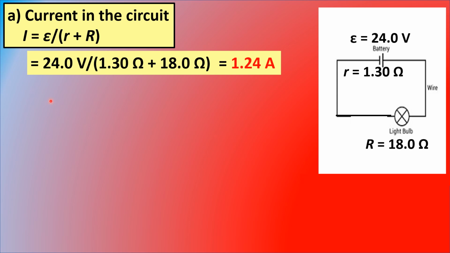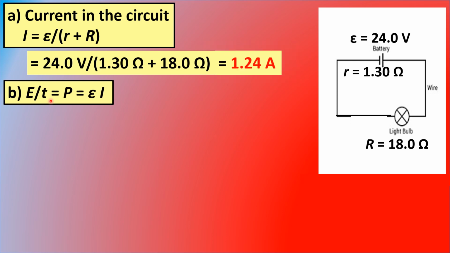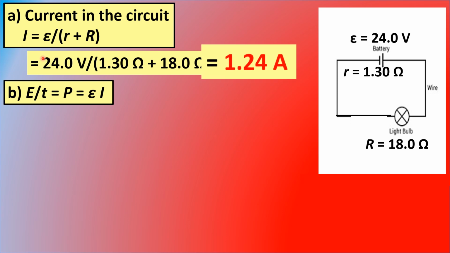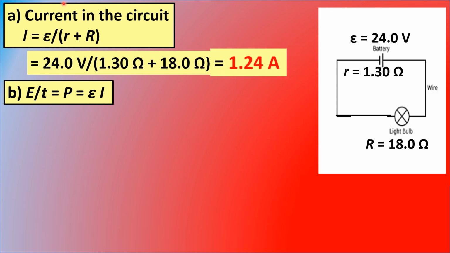For question letter B, we are asked to find the rate at which energy is converted from chemical to electrical form in the battery. That rate of energy that is converted from chemical to electrical form is exactly what we mean by power.